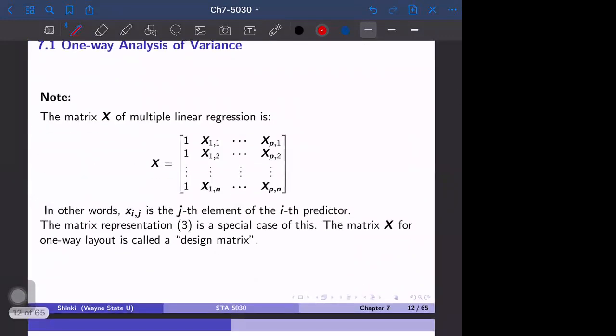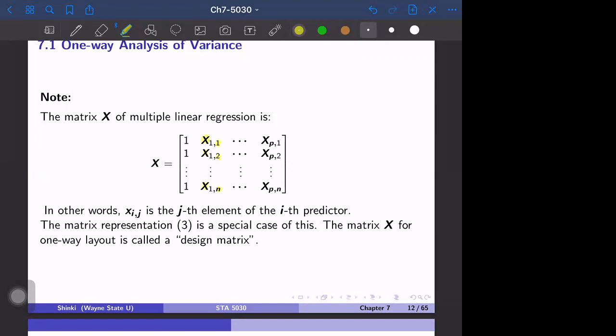And in chapter 6, we only have 2 columns for the matrix X. It's called the model matrix or design matrix. But in general, we have p predictors. In chapter 6, we have just variable x, so we write x1, x2, xn. But now we think about multiple predictors, such as weight, height, BMI, and so on in health data.